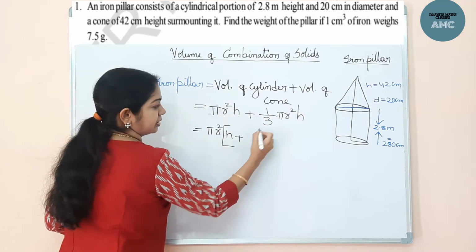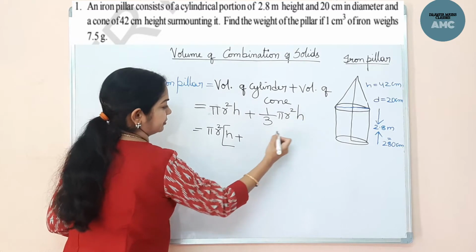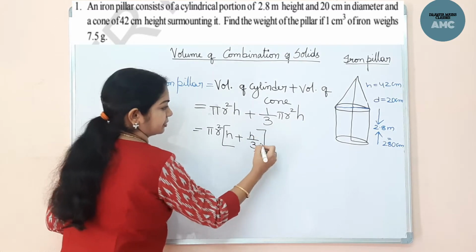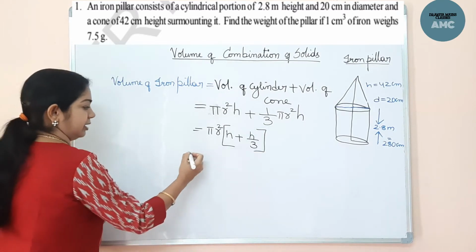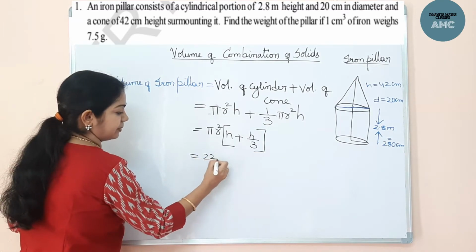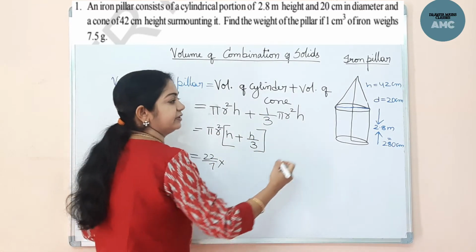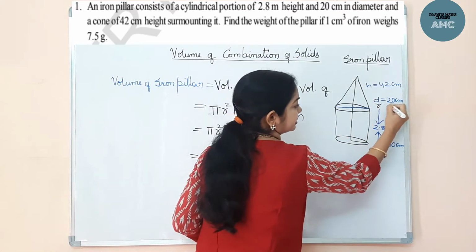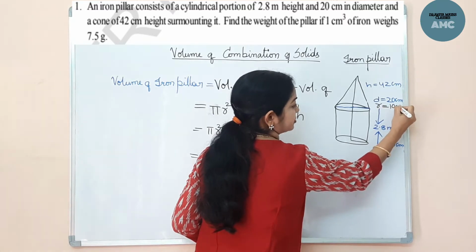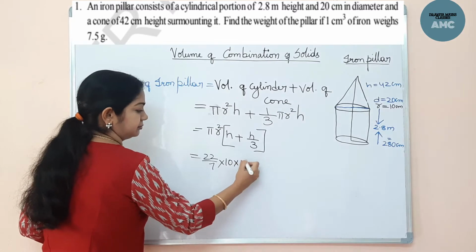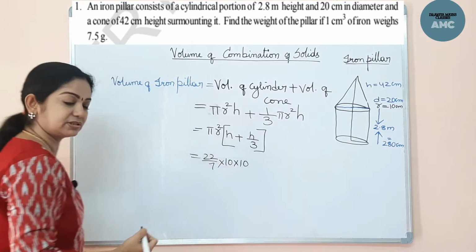H plus, here pi r square taken, so h by 3. That's it. This is the remaining part. Now I'll substitute 22 by 7 into r value, here given d is 20. That means r is 20 by 2, 10. So 10 square, 10 into 10.